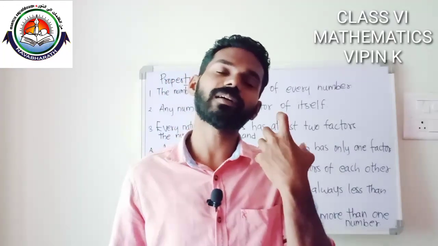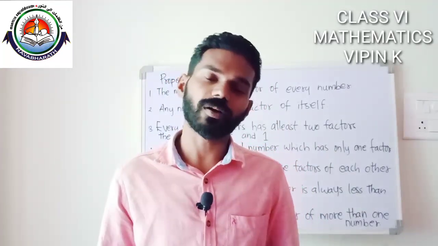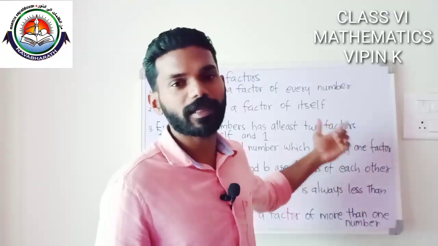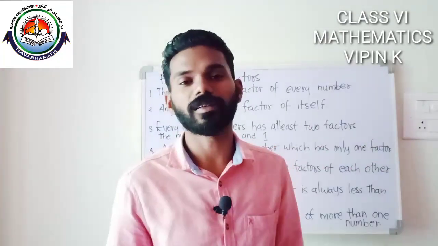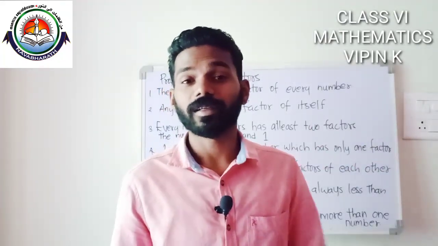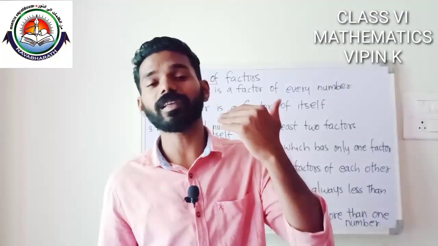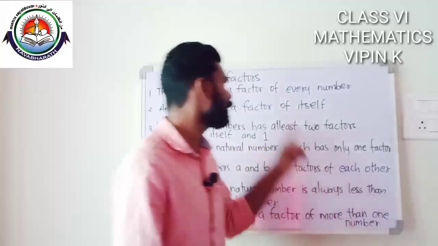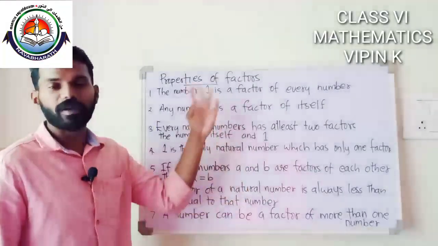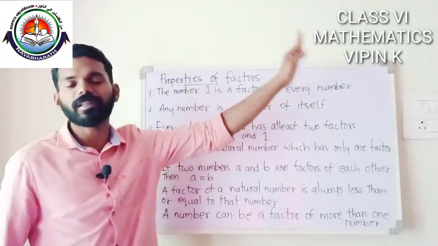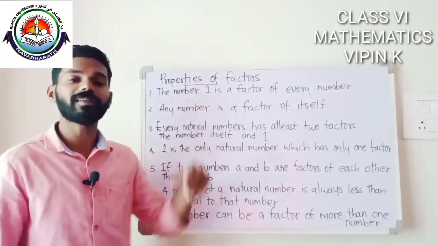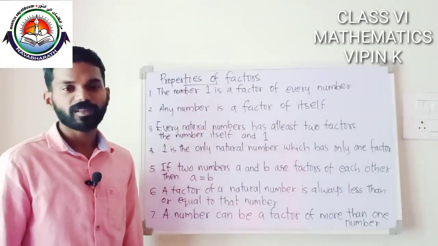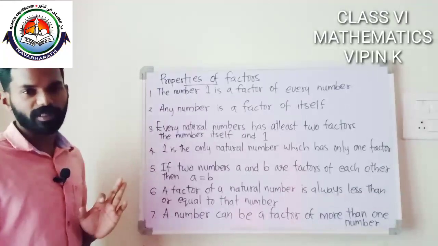Suppose I am taking 100. 1 is also a factor of that number 100. So if I consider any number, one of its factors would be 1 itself, which means 1 is a factor of every natural number. Okay, that's all about the first property.